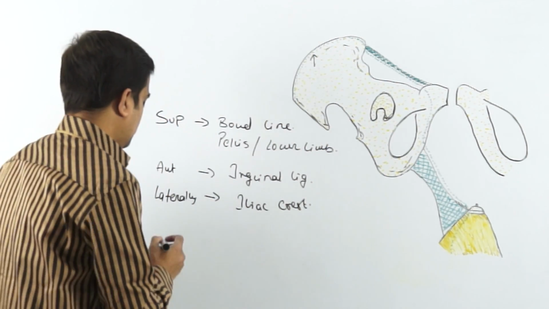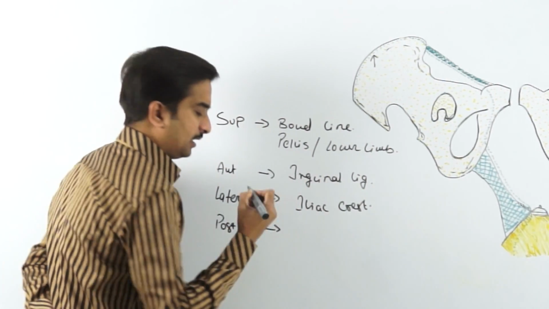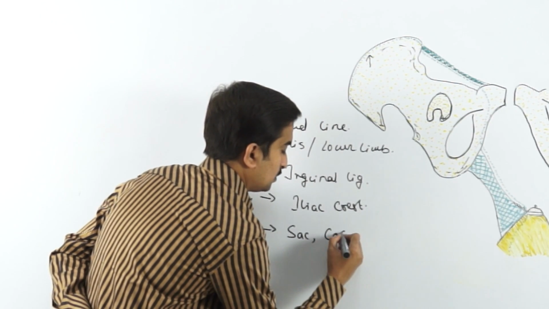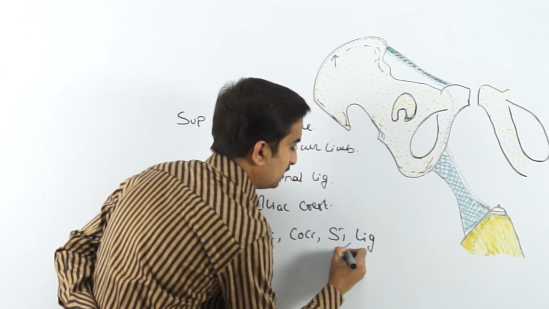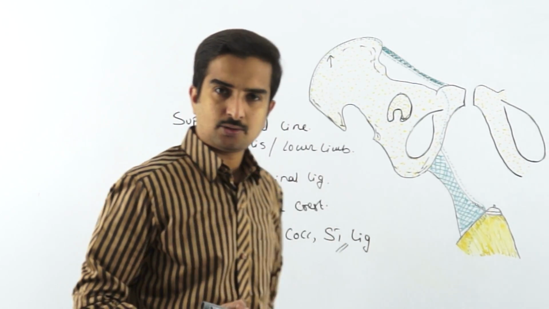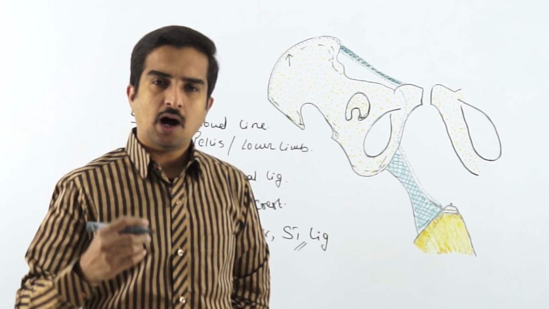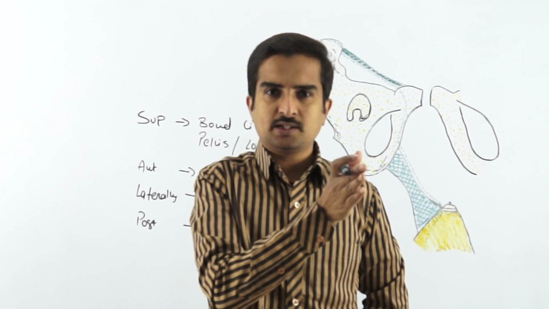So posteriorly it gives attachment to the sacrum, coccyx and the sacrotuberous ligament. Remember, it is called the sacrotuberous ligament. Understood? After it attaches posteriorly, again it turns towards the medial side.